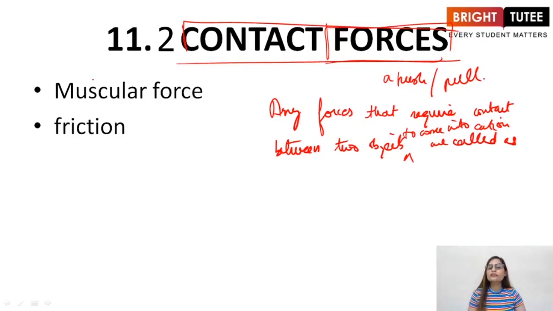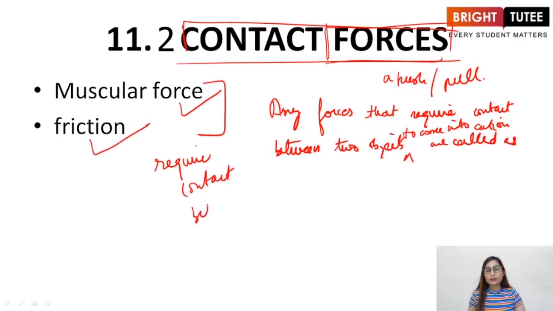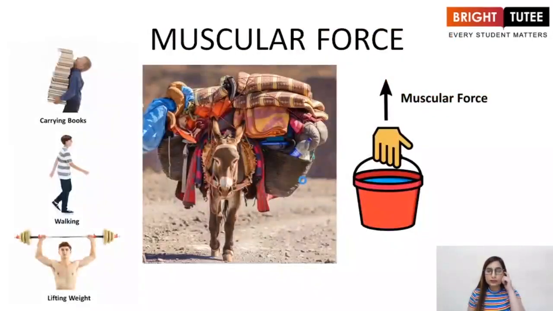Two of these forces are muscular force and friction. Both these forces require contact between a minimum of two objects, right? So let us start with the first one, muscular force.